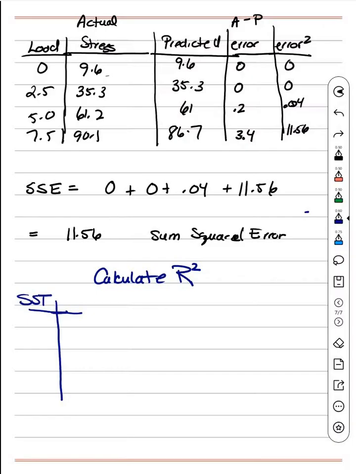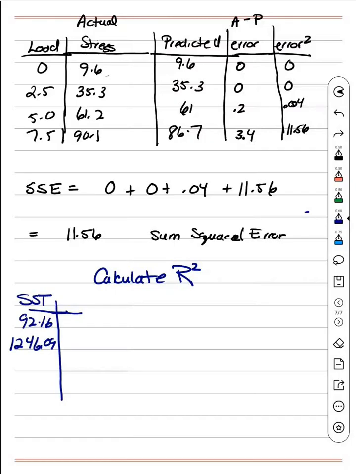So, for example, I'm going to take 9.6 and square it, and I get 92.16. Then I'm going to take 35.3 and square that, and I get 1,246.09.